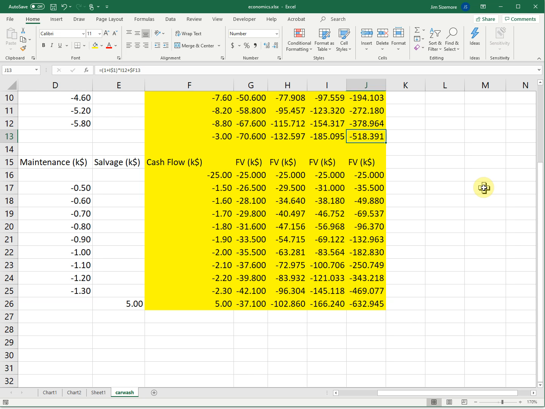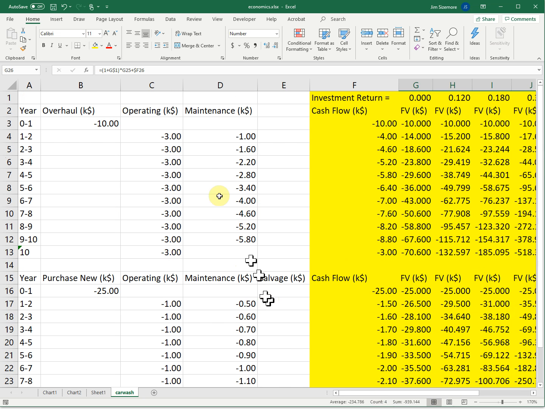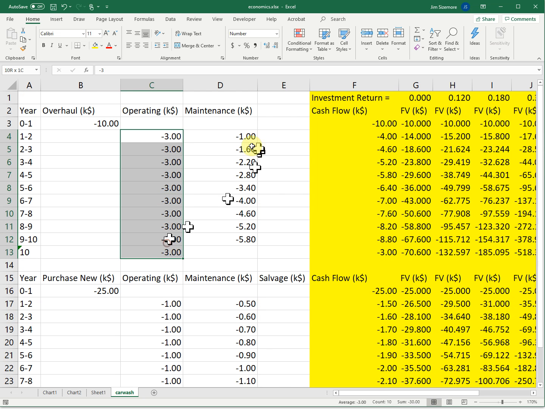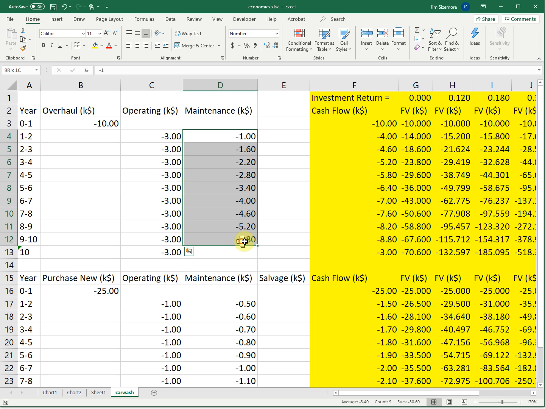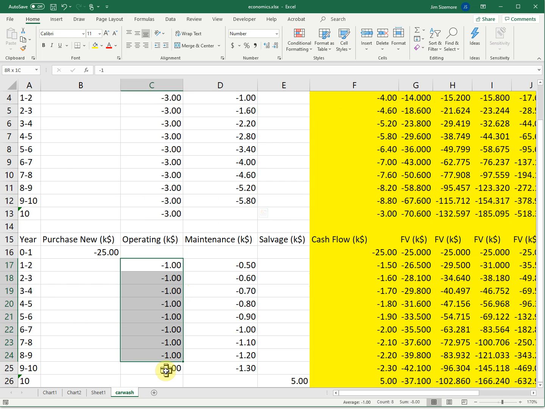If you purchase new, it'll cost you less. Mostly because, take a look at operating and maintenance costs, much higher for the overhaul. That adds up. So you are better off purchasing new and using that equipment.